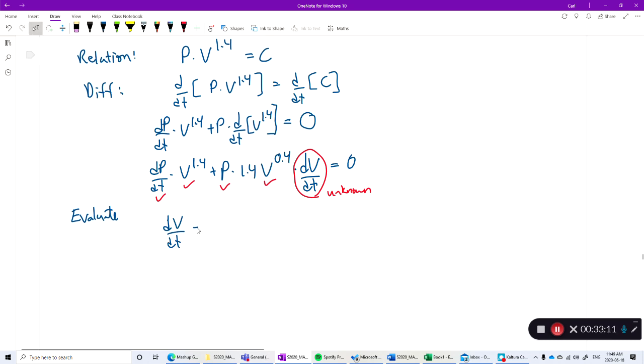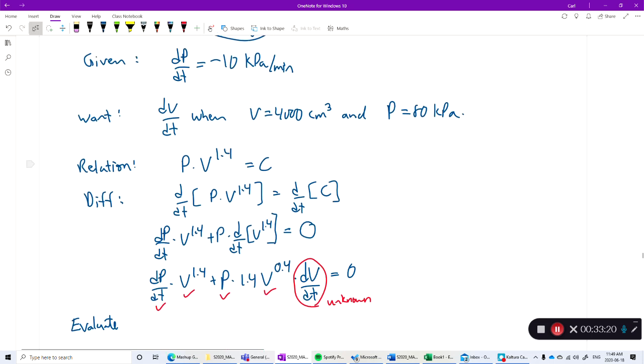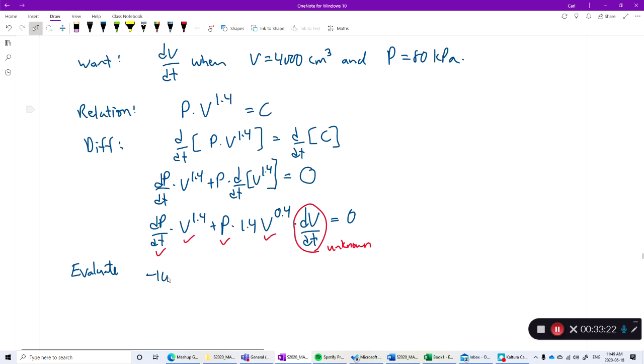An easier thing to do is just leave it as it is and then put the numbers in. dP/dt is minus 10 kilopascals per minute. V is 4,000 cubic centimeters to the power of 1.4. Pressure is 80 times 1.4.